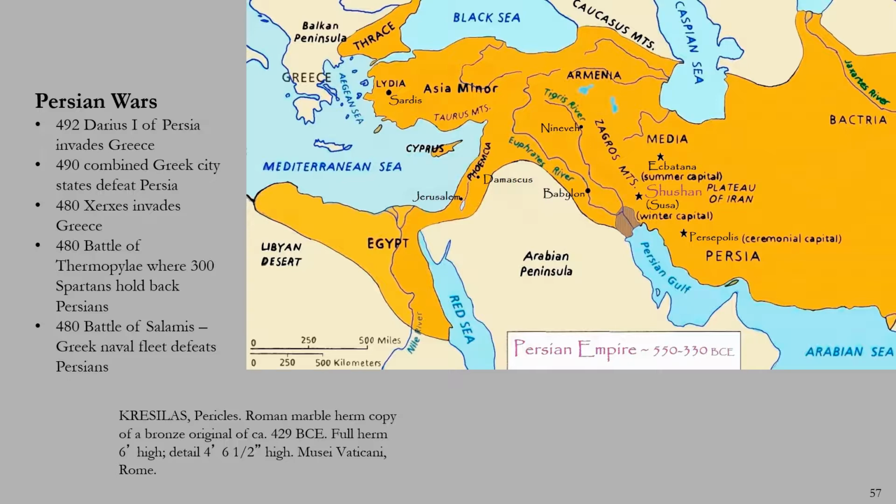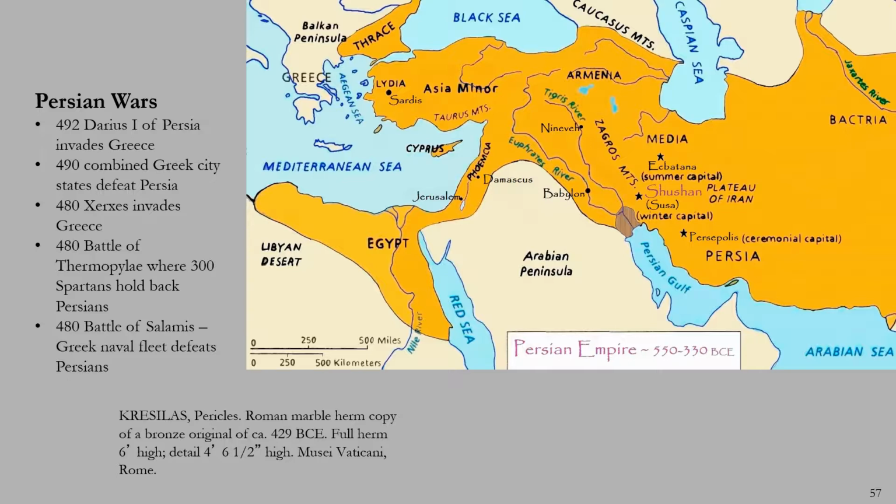So in 492, Darius of Persia invades Greece. In 490, in the Battle of Marathon, the combined Greek city-states defeat the Persian Empire and send them back. 10 years later, Darius' son Xerxes invades Greece again.